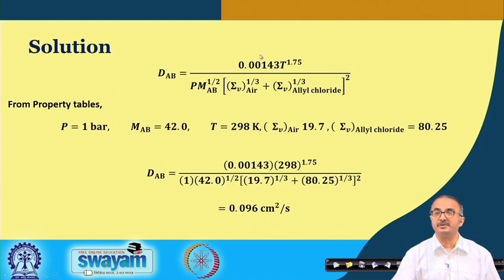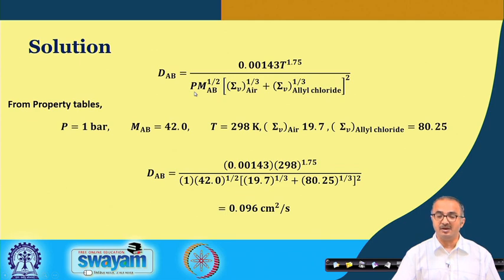Here is one particular expression to estimate the diffusivity. A and B represent the two components. You see how it varies with temperature: it varies as temperature to the power 1.75, which means it is not linear, it is more than linear. With pressure it is inversely proportional.